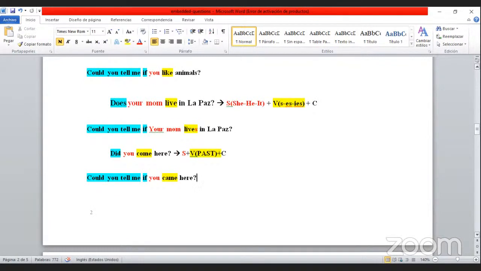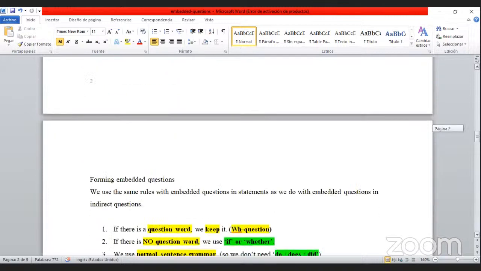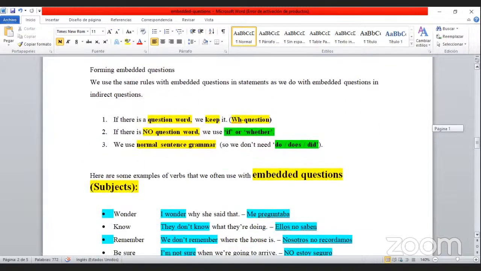Yes. Perfect, very good. So, the three important things for embedded questions. Number one, if we have a question word, this is the same as a WH question, okay? So we could call it question word or WH question. We have to keep the question word.